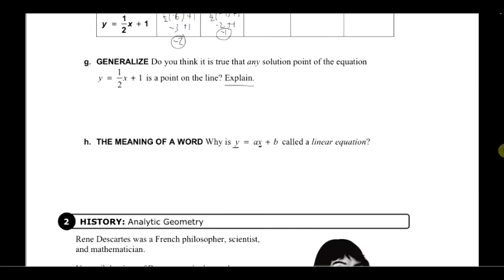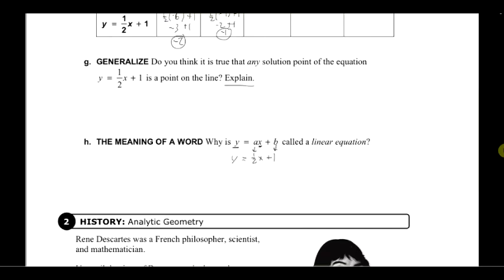Now, a and b are constants. In our example equation, 1/2 x plus 1, a would be your 1/2, and b would be whatever number is being added or subtracted to it. So a is whatever number is next to x, and b is whatever number is being added or subtracted.